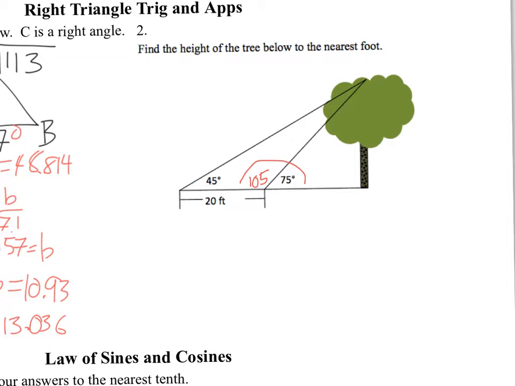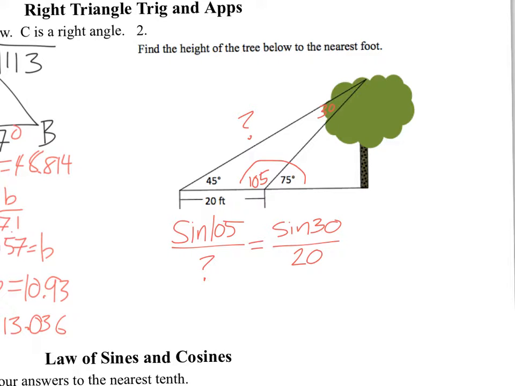The first thing I might figure out would be this length here, which is the hypotenuse of the big triangle. And in doing that, what we can say is that sine of 105 over question mark is equal to, angle up top here is going to be 30, sine 30 over 20.